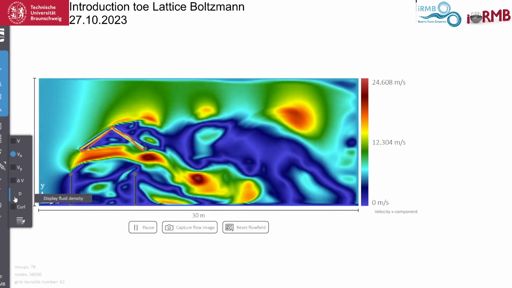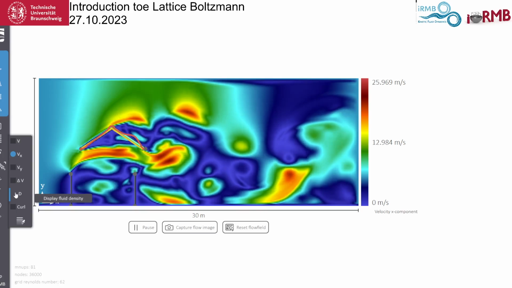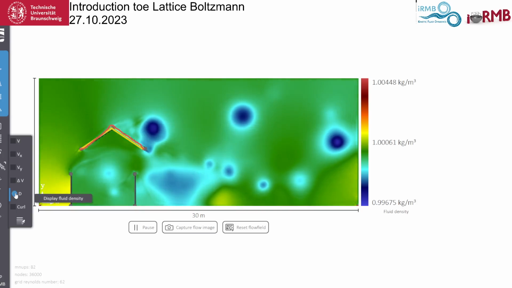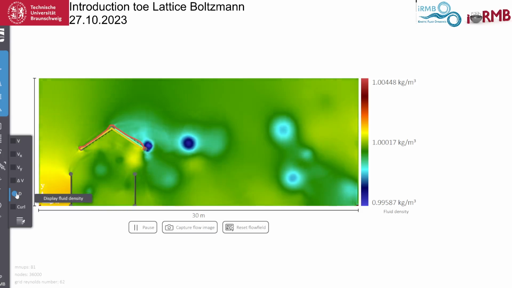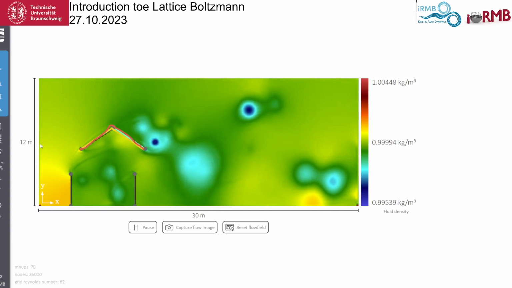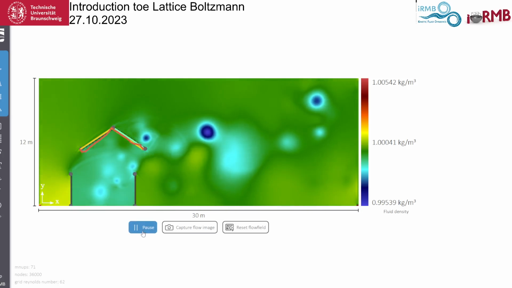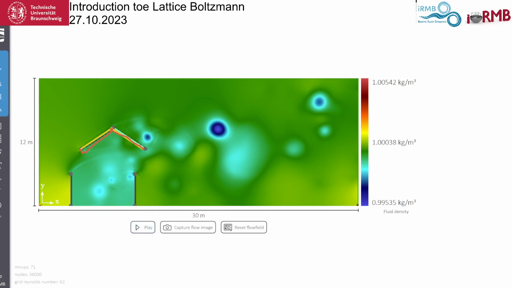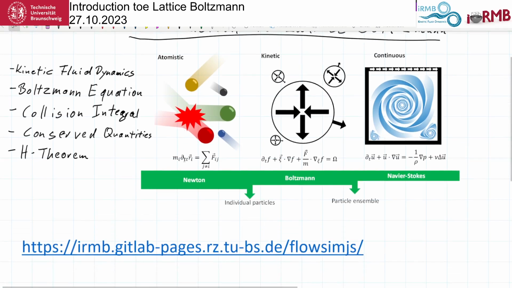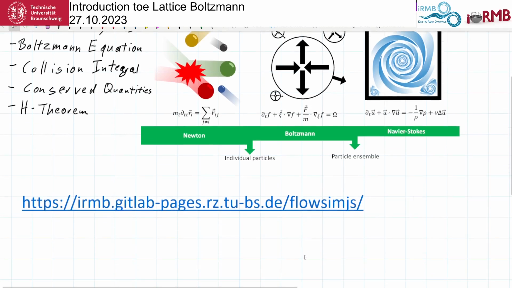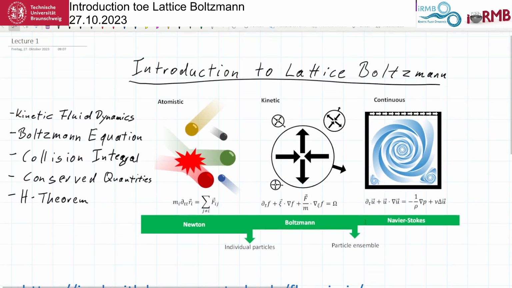What is stated here is D, the density, which in Lattice Boltzmann is related to the pressure, something we are going to learn during our lecture. Okay, so please have a look into this. I put the link specifically to this small tool in here, so that you can take it and have a look. Okay, so this was the teaser.